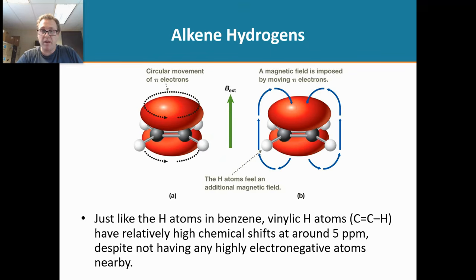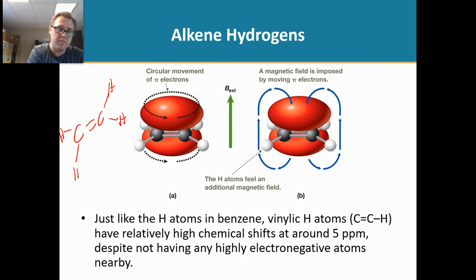Now we see the same concept when we're looking at typical alkenes. So we have our alkene right there in the center. And when you take an alkene, stick it into an external magnetic field, we start getting the electrons moving in a circular fashion. That generates a ring current. And do you see it's kind of the same thing as with the benzene ring?